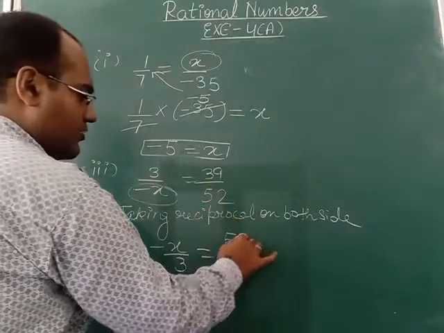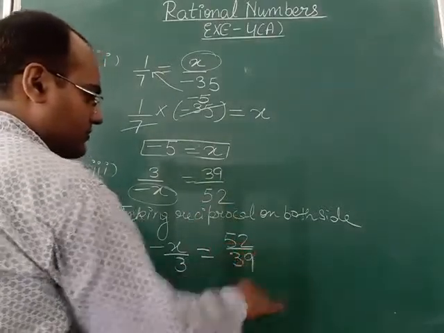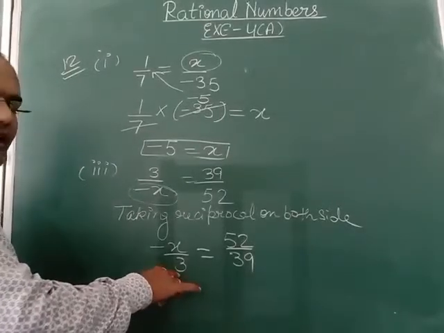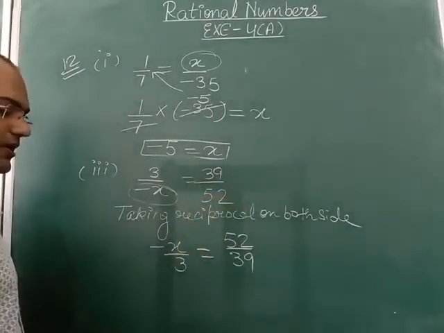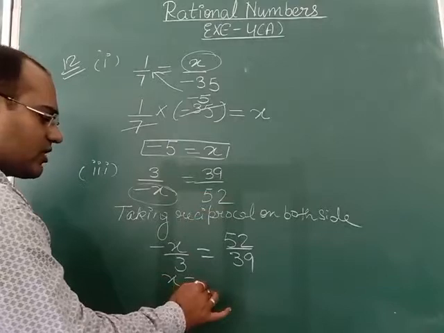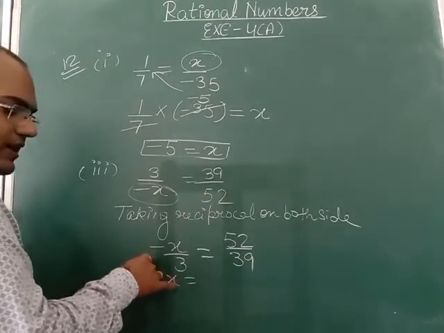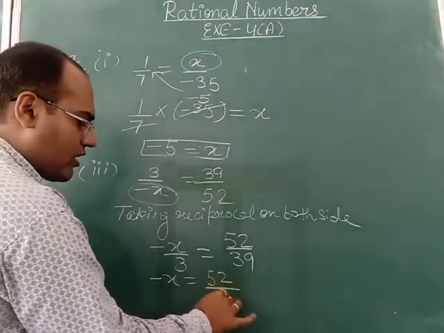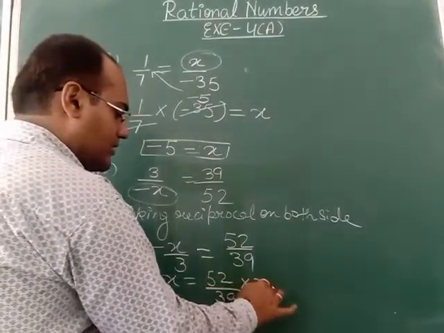and this will become 52 upon 39. Now next step, this 3 is in divide. On the right hand side it will be in multiply. Here the minus sign is also there. Minus x is equal to 52 upon 39 multiply 3.